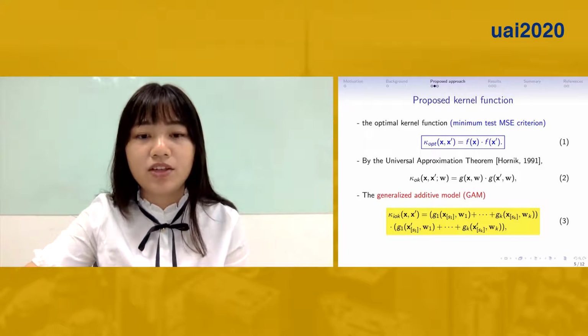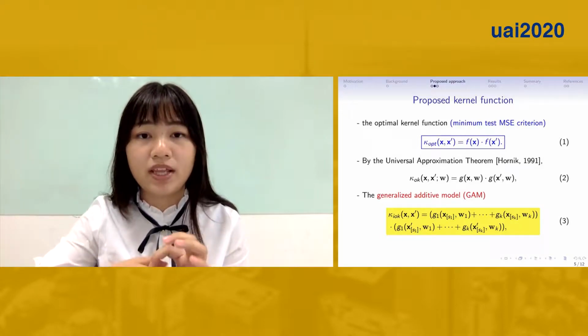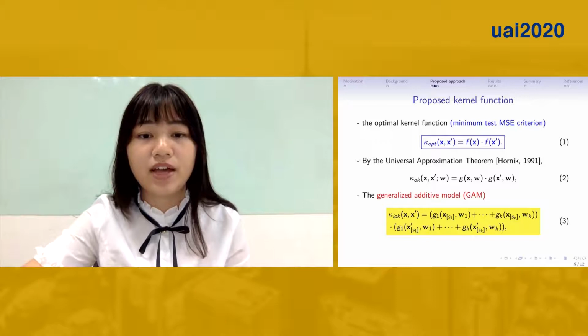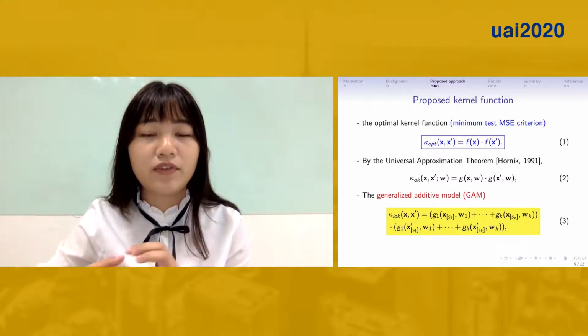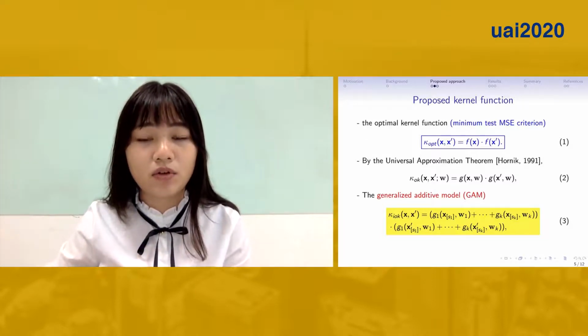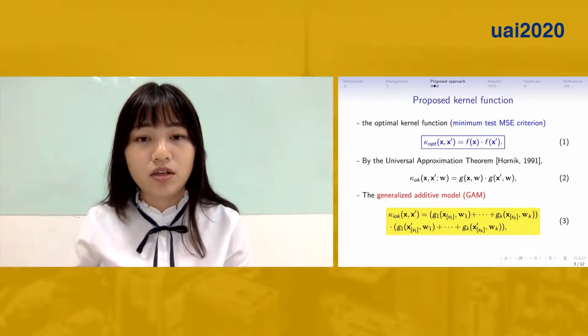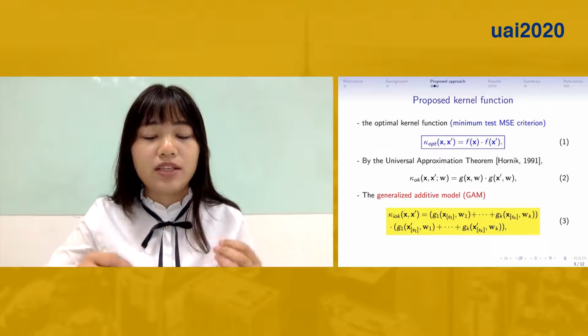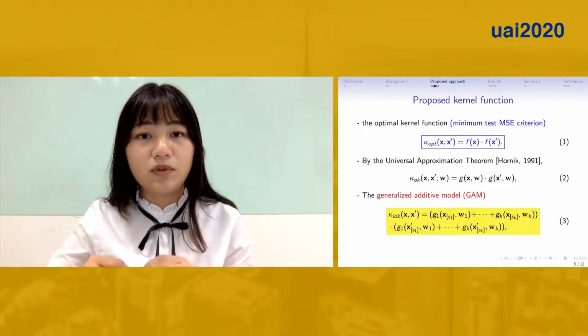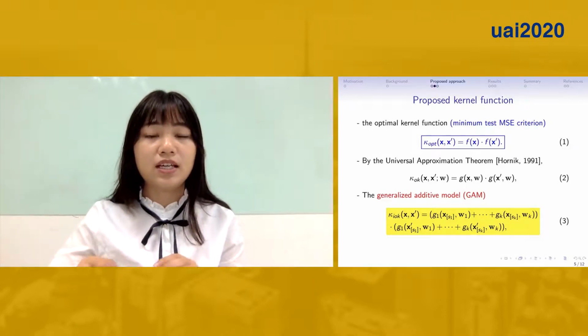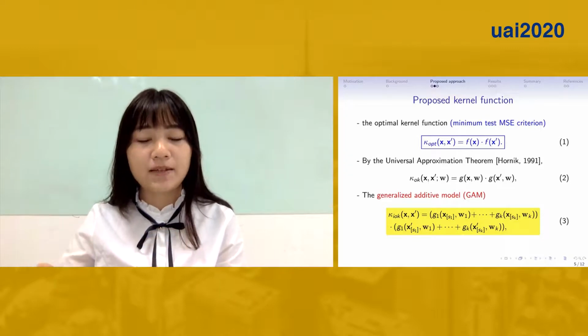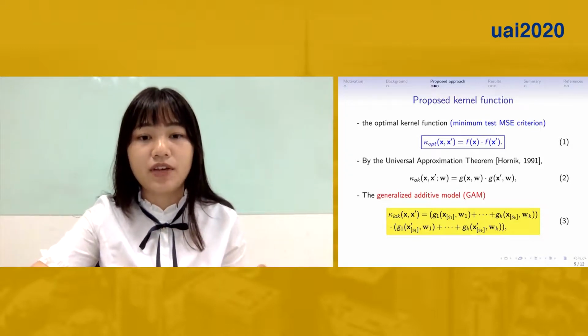Equation one is a dot product of the underlying function f(x), but the underlying function f(x) we don't know, and we need to estimate it. So in this paper we use deep neural networks to directly universally approximate the underlying function f(x).